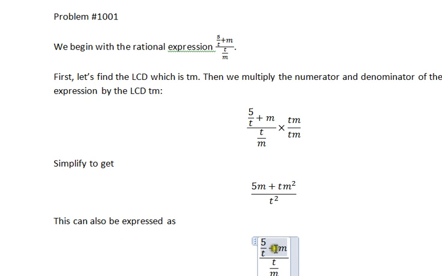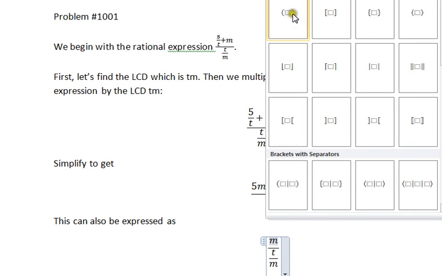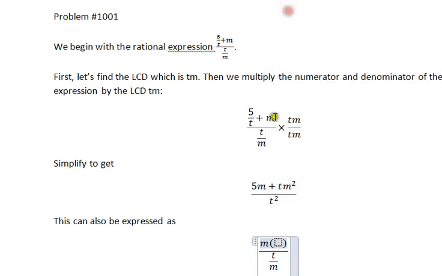See, if you factor an m out, you could actually write the whole numerator as m times parentheses. Now I'll go back into my tools, and you'll see that there's actually this bracket option up here, which has built-in brackets. So I'll use that instead of just typing in individual open parentheses and close parentheses.